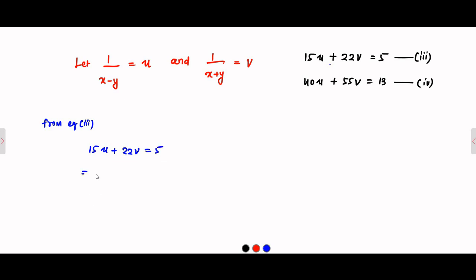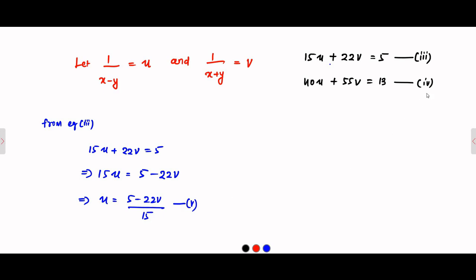That implies 15u is equal to 5 minus 22v. That implies u is equal to (5 minus 22v) by 15. We have represented u in terms of v. Let's call it equation 5. This is the main principle of the substitution method, representing one variable in terms of the other.